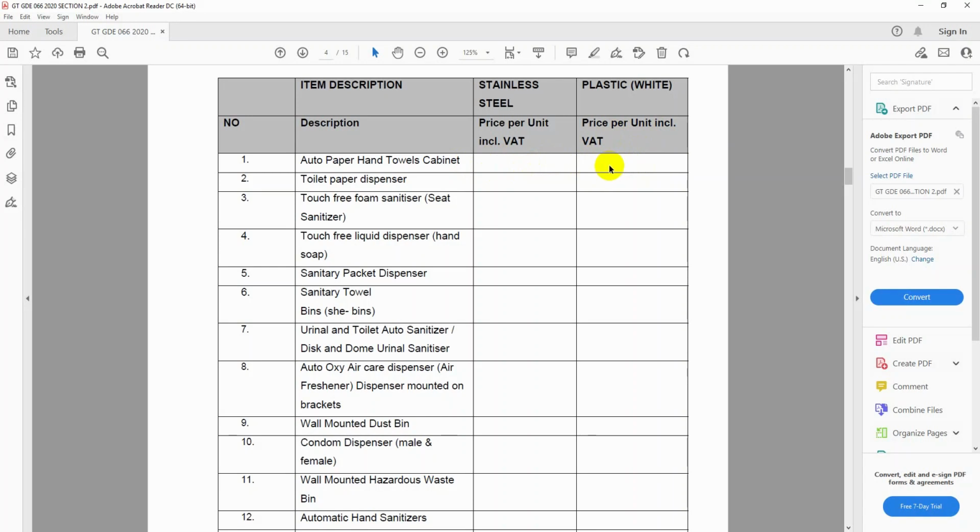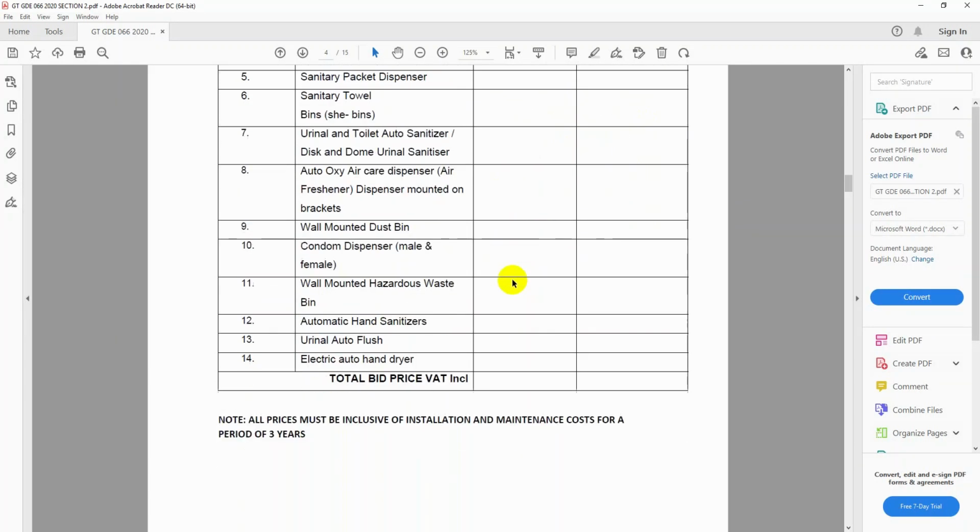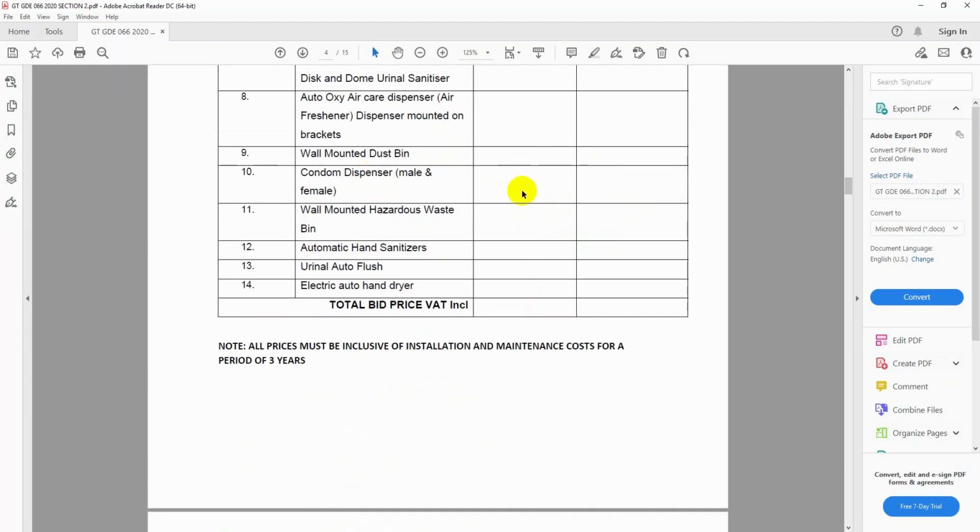So now, for now, we are not doing them as the whole paper hand towels for the whole organization, here they just want per unit. And the toilet dispenser, it's how much per unit, including that VAT. VAT is with the price that you bought with. So you will put all the prices there per unit, and then you check if it's a stainless steel, if it's a plastic.